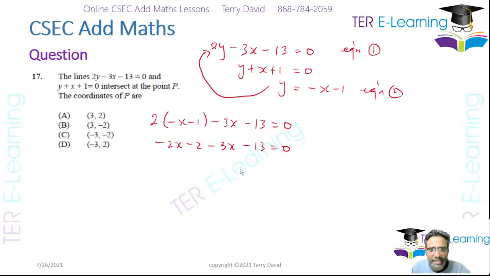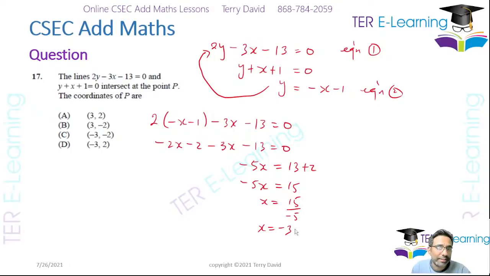So let's keep all our x's on one side. Minus 2x minus 3x is going to give me minus 5x, and this is going to be 13 plus 2. So minus 5x is equal to 15. Therefore, x is equal to 15 over minus 5, so x is equal to minus 3.